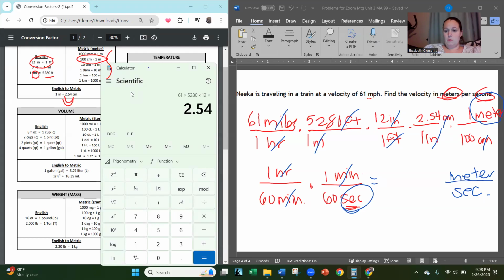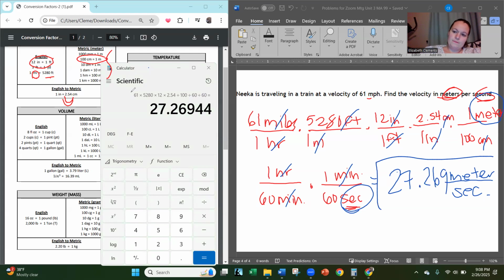Divide by 1, divide by 1, 1, 1, divide by 100, divide by 60, divide by 60. We end up with 27.269. And again, this one doesn't specify, so this time I'm going to do it to 3 decimal places. So we end up with 27.269.